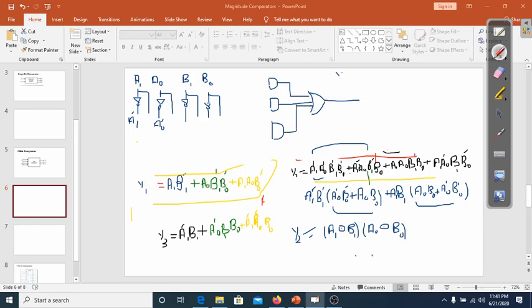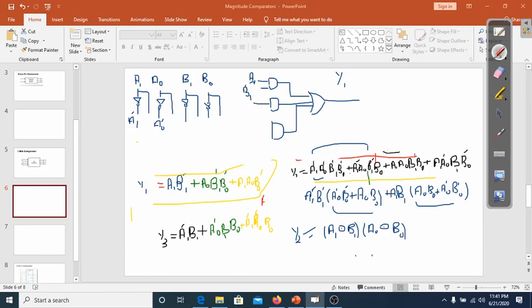This is y1, and the first AND gate has two inputs, one input is A1 and the other input is B1 prime.